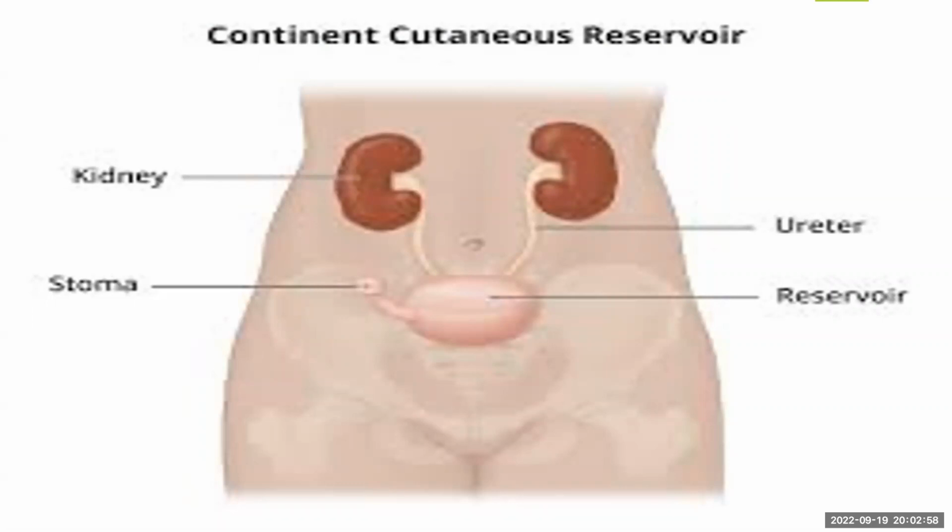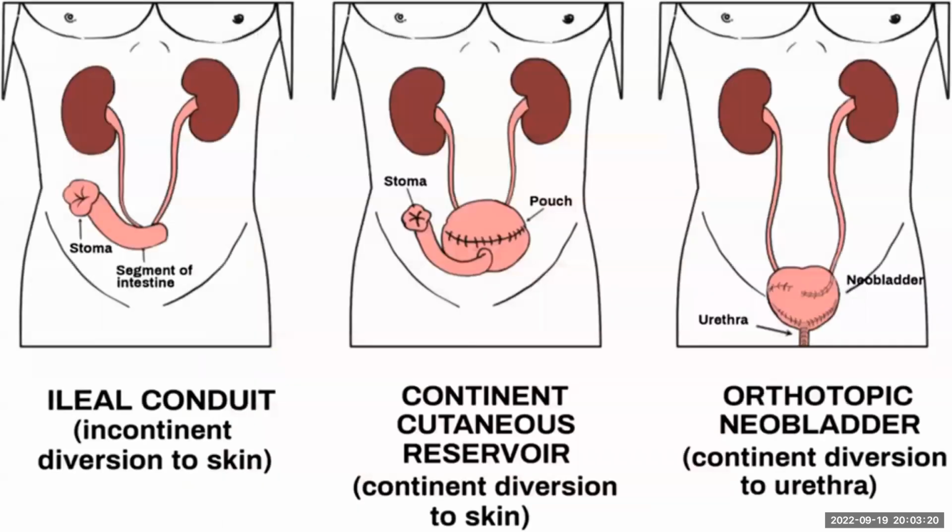The other method is we'll prepare an artificial reservoir in order to carry the urine. Since the bladder is removed, we'll place another bladder in its position, which is called the Indiana pouch as well as the Kock pouch. We'll take the stoma from this reservoir, and externally we'll take the urine.